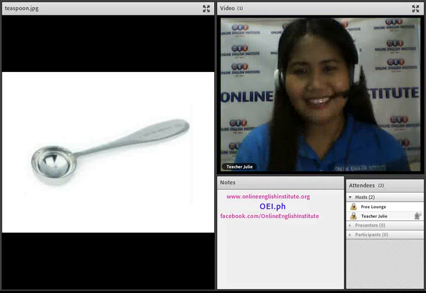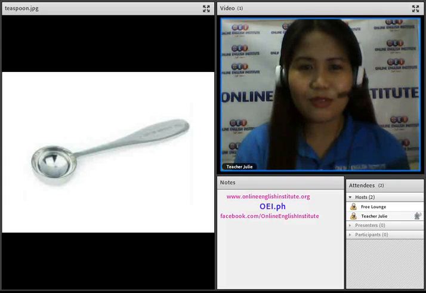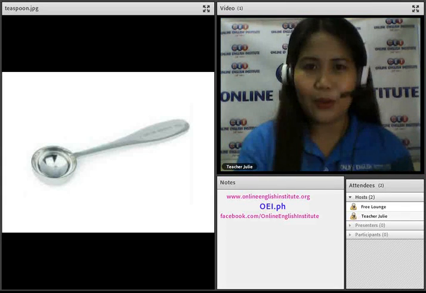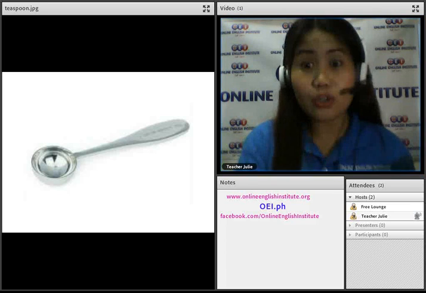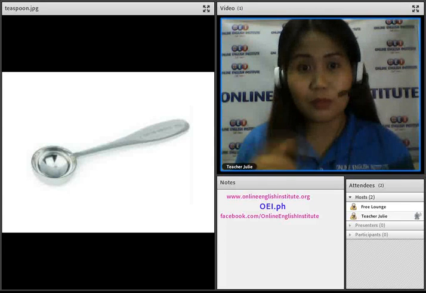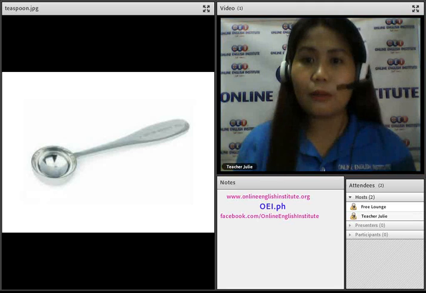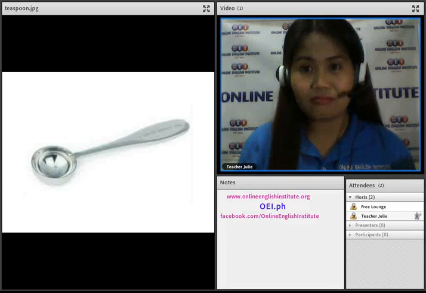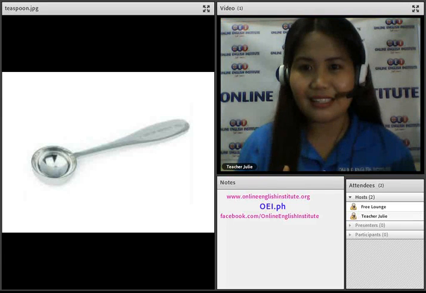Okay, so that is the equivalent of a teaspoon. Okay, I'm gonna show you another picture so that you would be able to compare the teaspoon from other measurement devices. All right.